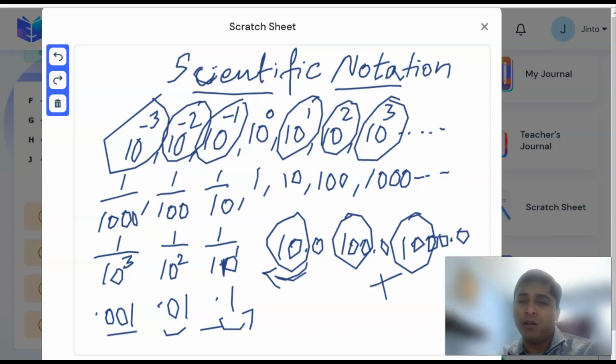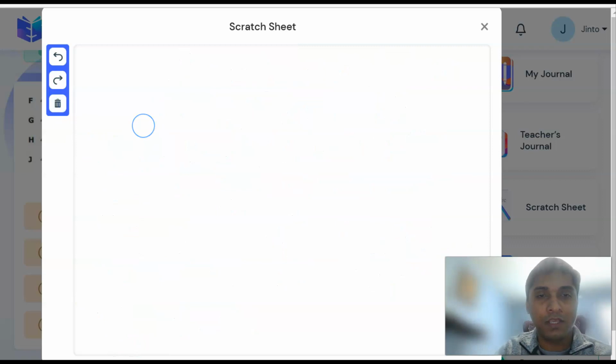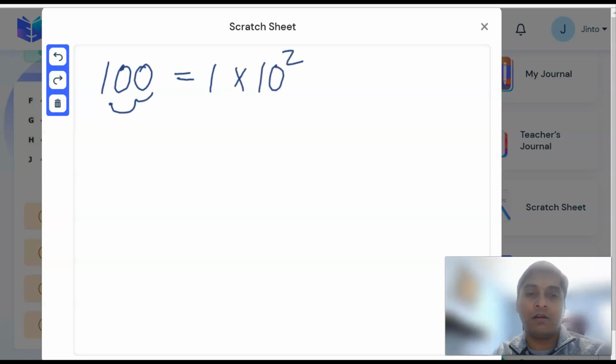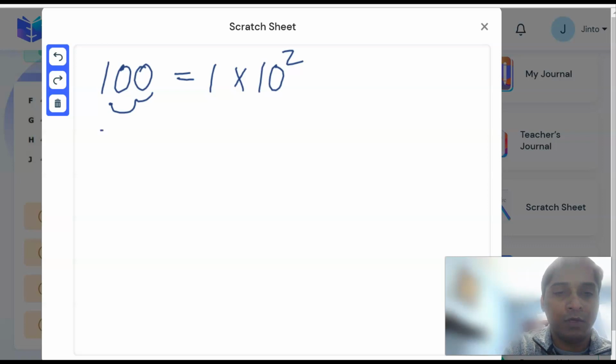So any number, you can write it in scientific notation. Let's go see. If you write 100 in scientific notation, you move the decimal here, and this is 1 times 10 squared, because you moved two decimal places to the left. If you want to write 150, it's the same way.